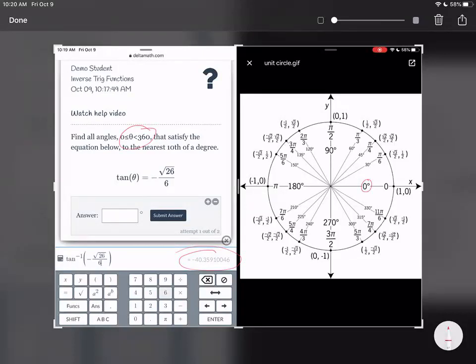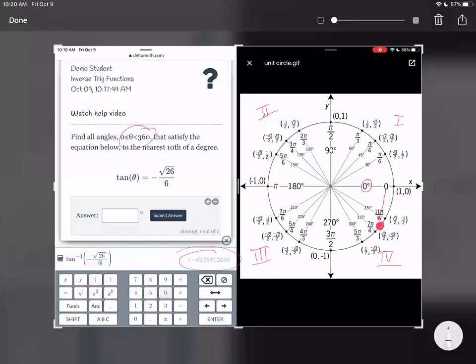To go to a negative 40, you just have to go downwards between 30 degrees and 45, somewhere over here. It doesn't matter how accurate you are, I just need you to visualize which part of your unit circle it is. Is it in this quadrant? Is it in this quadrant? Just visualize the quadrant. That's the main point. So if you got the quadrant in there, it's good enough.